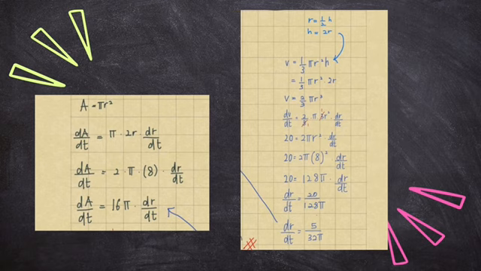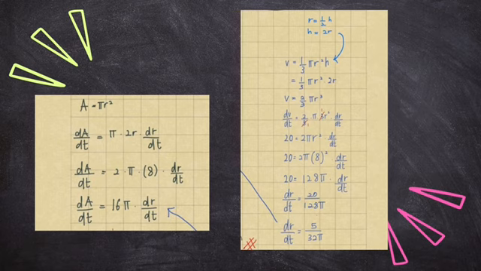Then you need to substitute the values given into the dA/dt equation, where r is half the height. Our height is 16, so we divide it by 2, and we get 8 for our radius. So you guys understand? Yes!